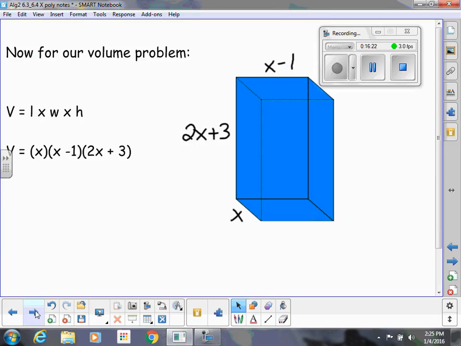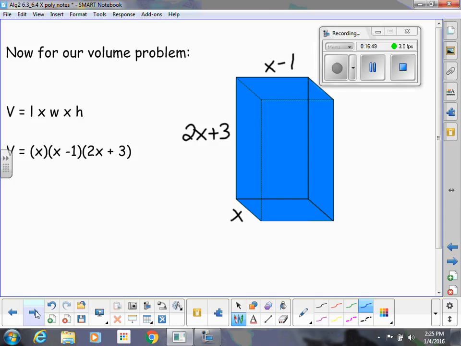So, having done that, let's go back to our volume problem. Go back to that page in your notes where we were doing the volume. We said it was length times width times height, and we're doing x times x minus 1 times 2x plus 3. Now, just like when we were doing the numbers, you can only multiply 2 numbers at a time, and then take that answer and multiply by the third number.